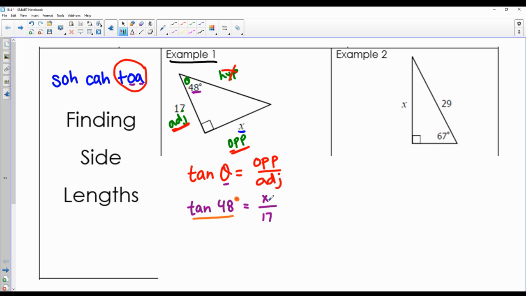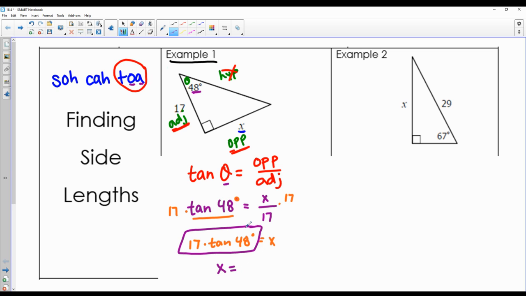I'm going to try and get x all by itself. So notice this x is being divided by 17. So I'm just going to multiply both sides by 17 right there. And so 17 times the tangent of 48 degrees is equal to x. Again, your calculator is going to be kind of the hero of this story because it will be able to tell you what this value is.